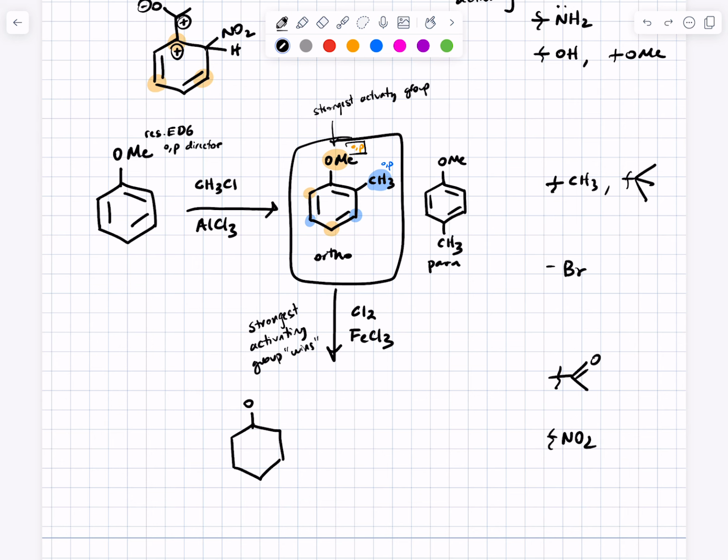Sorry, I guess I can spell out methyl if I want to. Okay, so we need a product that is para to the methoxy group. We also need a product that is ortho to the methoxy group.